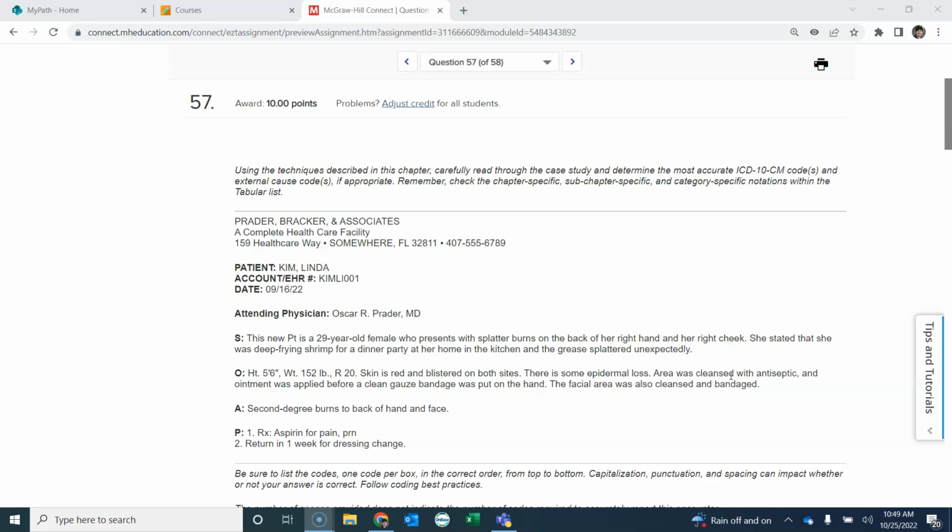And so in this case, it's going to be the kitchen, which is Y92.010. Okay? So let's go to Y92.010. And it says kitchen of a single family (private house).